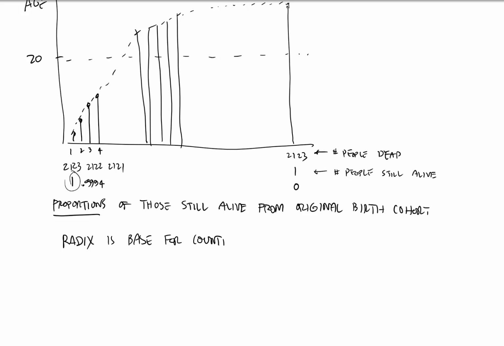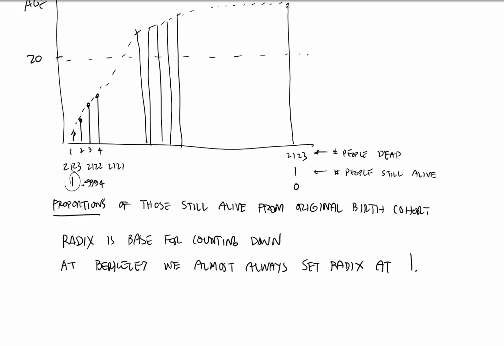counting down. At Berkeley, we almost always set the radix at 1, so it's 100%.